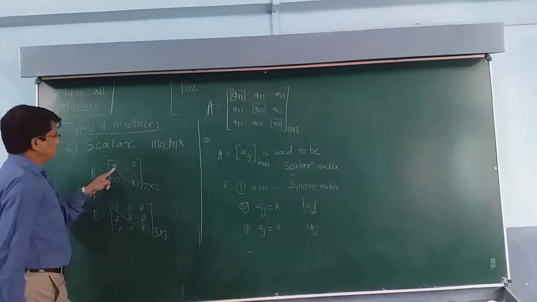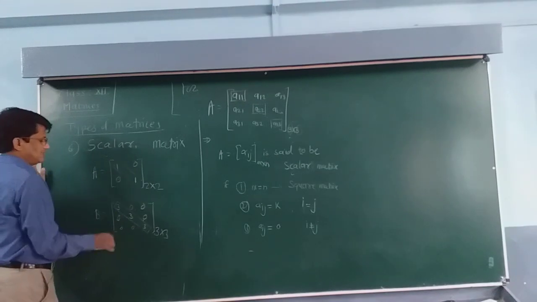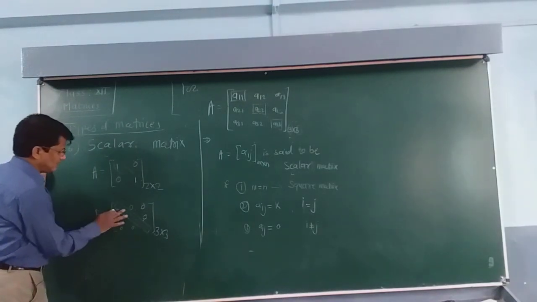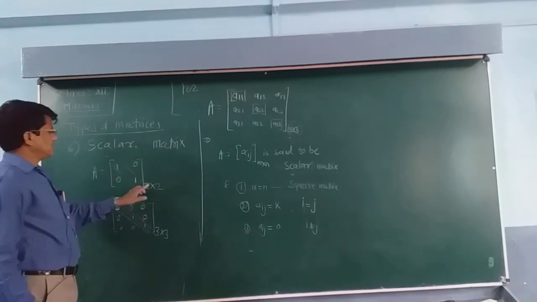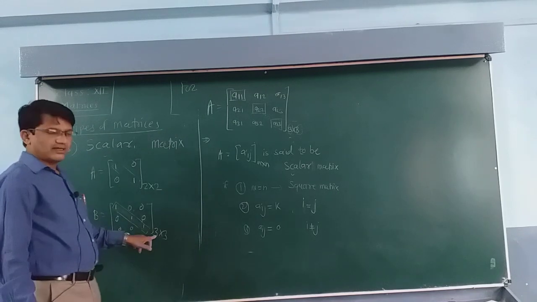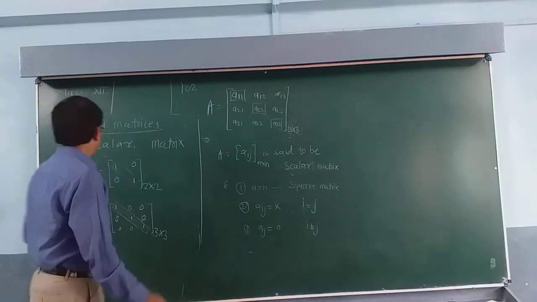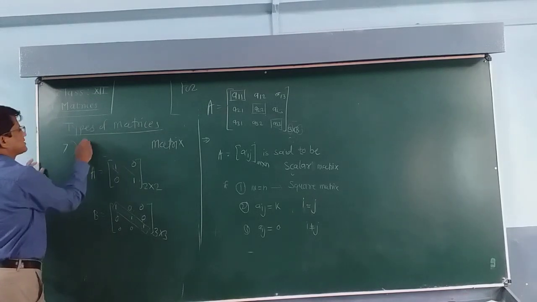But instead of 4, 4, if I write 1, 1 here, and instead of 3, 3, 3, I write 1, 1, 1, this matrix is of order 2 by 2 and this matrix is of order 3 by 3.